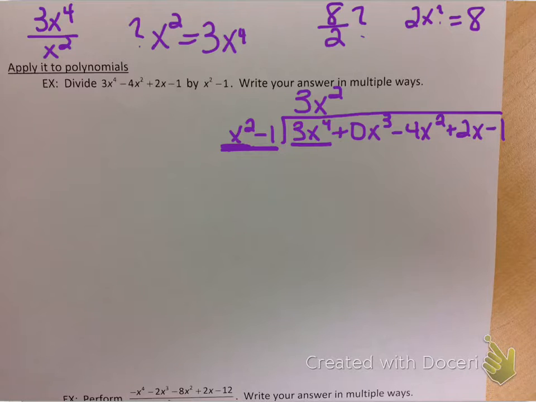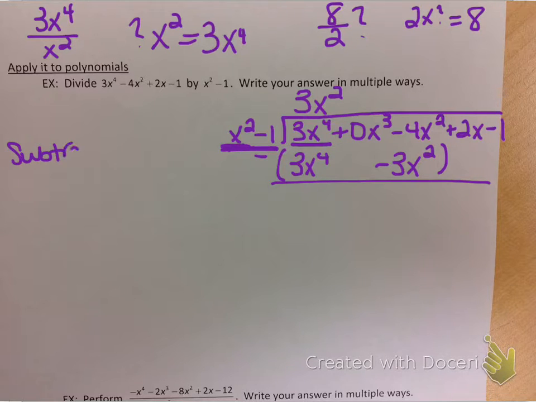So 3x squared times x squared is 3x to the 4th, and then 3x squared times negative 1 is negative 3x squared. And then I'm going to take that and subtract it. Now you've got to be really careful about that subtraction step. The subtraction is the most likely place where people make mistakes.